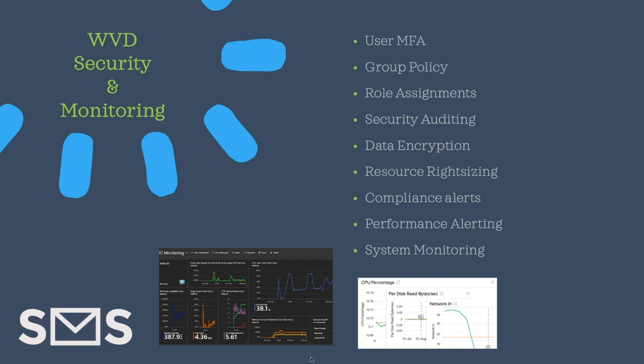Right, yeah, that's a very good question. WVD is very scalable. You can have as little as 5 users on a WVD all the way up to enterprise level where you're talking thousands of users. So what we would generally do is monitor the resource and the right sizing of the machines and use scale sets in order to scale up and scale down as required.